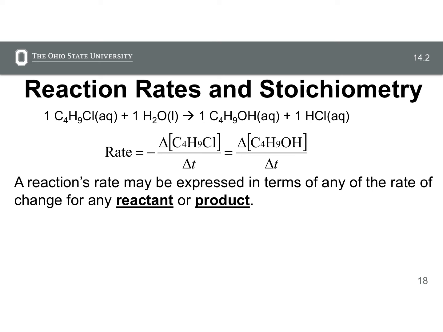So we can think about rate in a couple of ways. We can think about an average rate, and we can think about an instantaneous rate. A good analogy here is driving in your car.